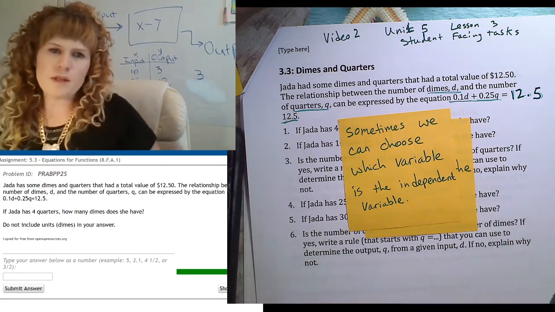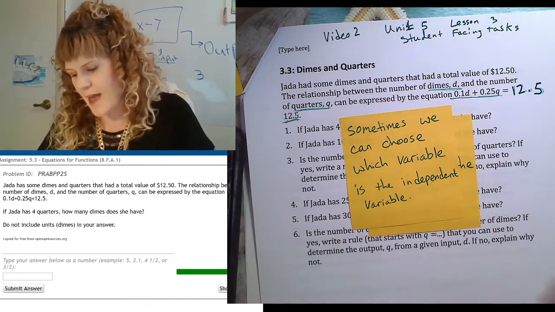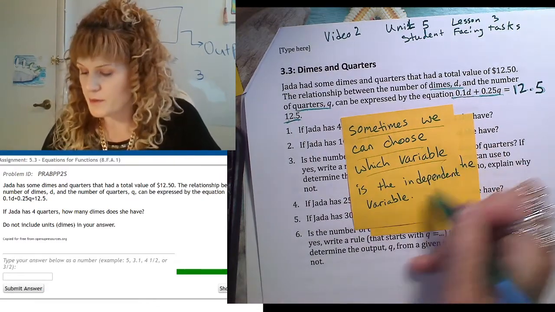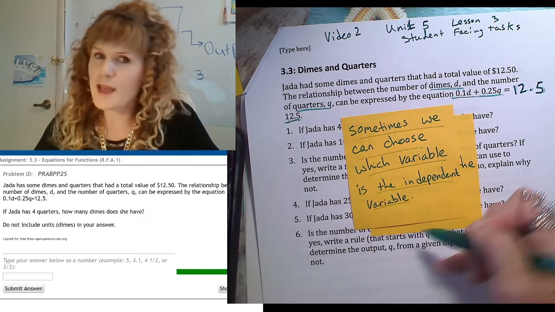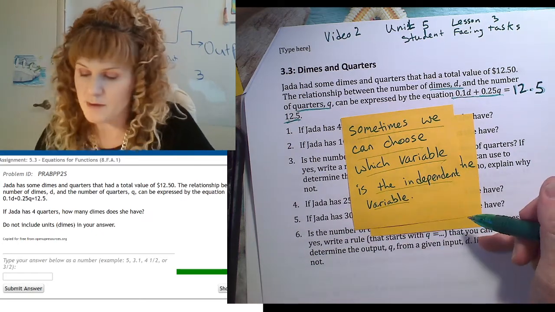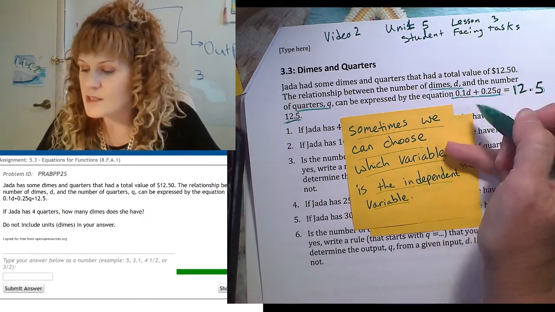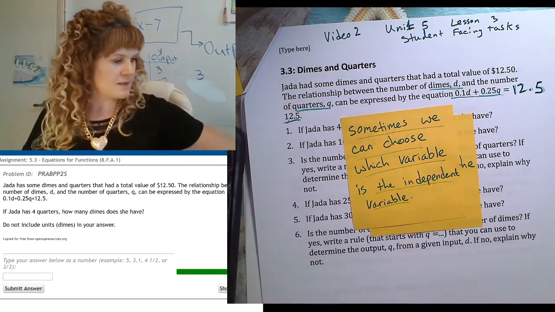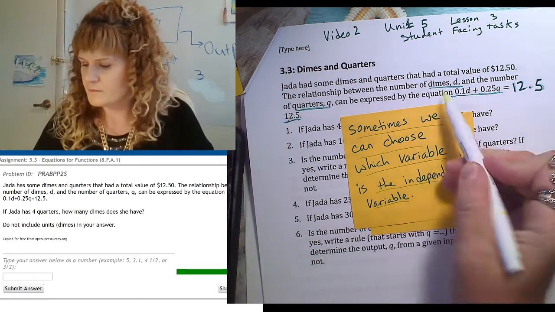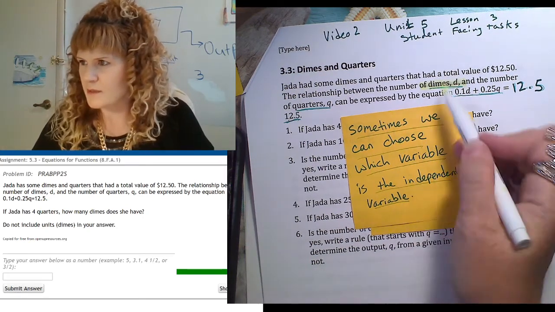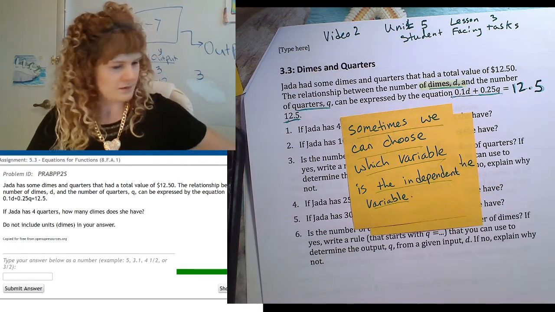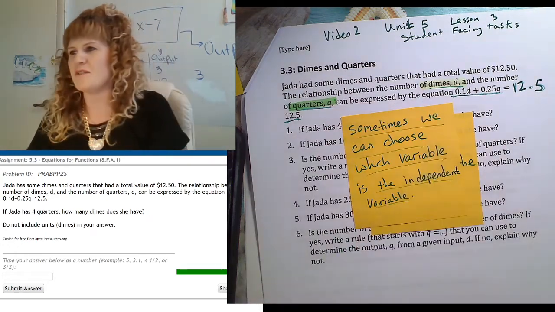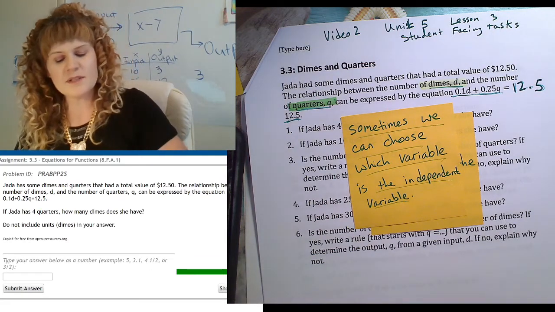Now, in this problem, we are going to learn that sometimes we can choose which variable is the independent variable and which variable is the dependent variable. They gave us two variables. They gave us dimes, D, and quarters, Q. So we have two variables.